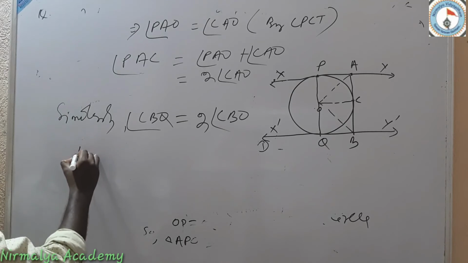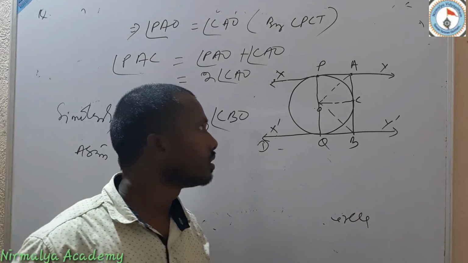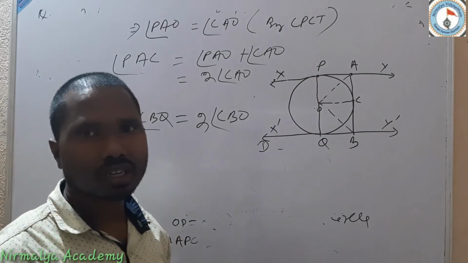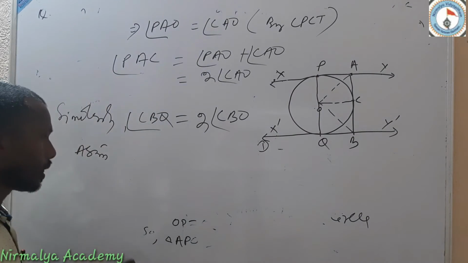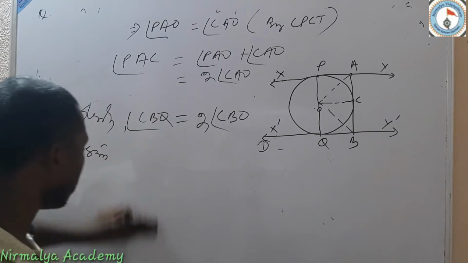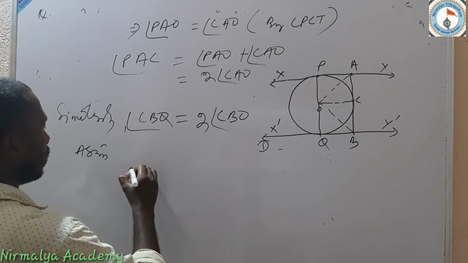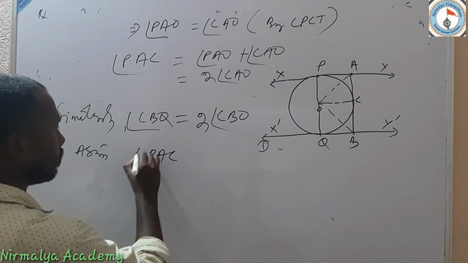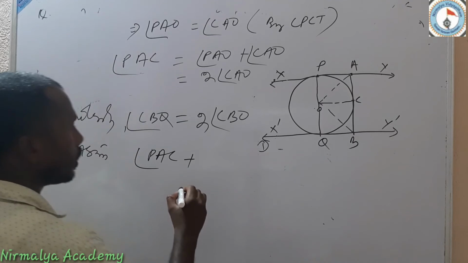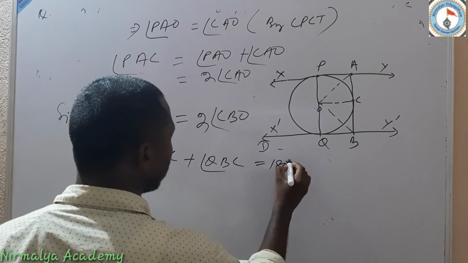Again, XY is parallel to X'Y' and AB is a transversal, so angles on the same side of the transversal are supplementary. So angle PAC plus angle QBC equal 180.